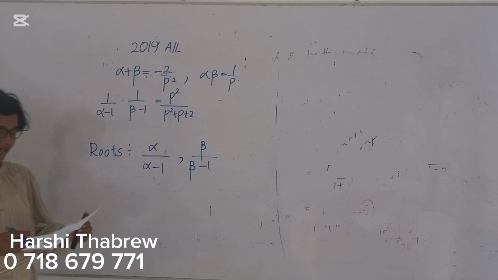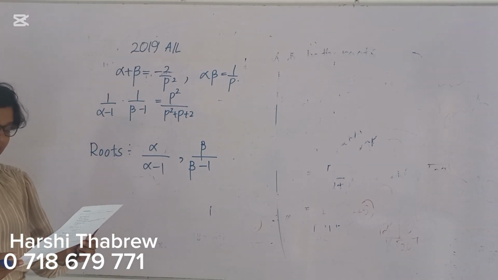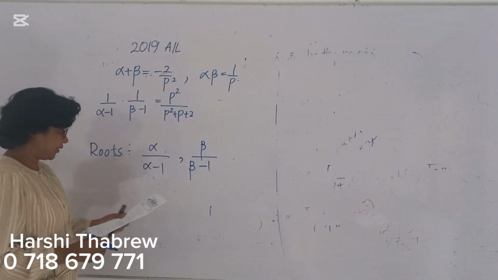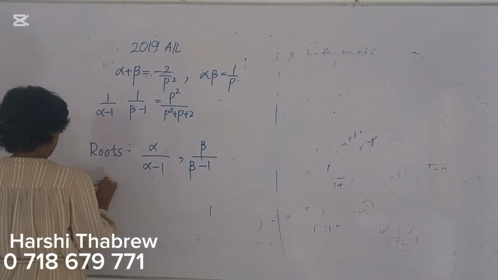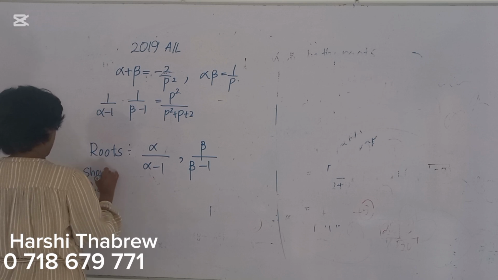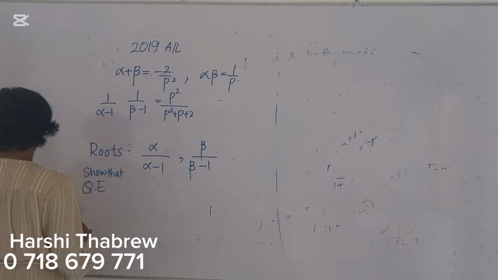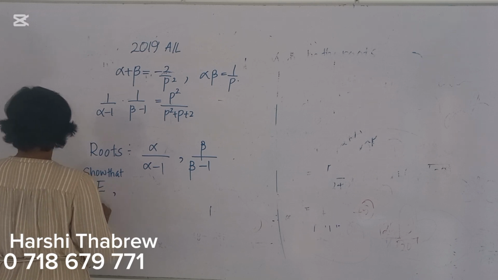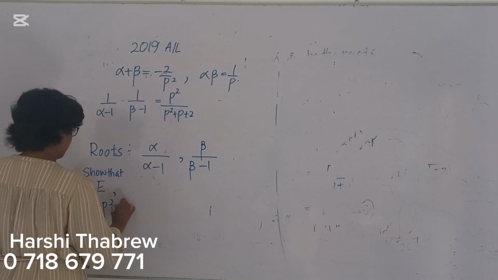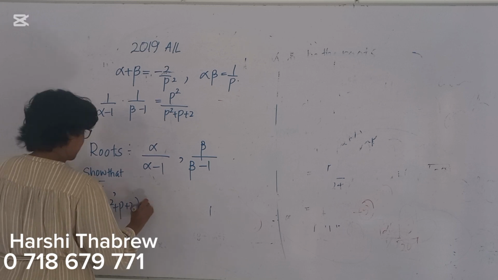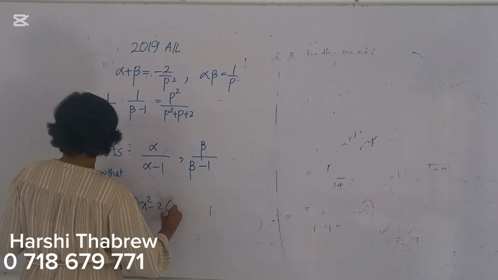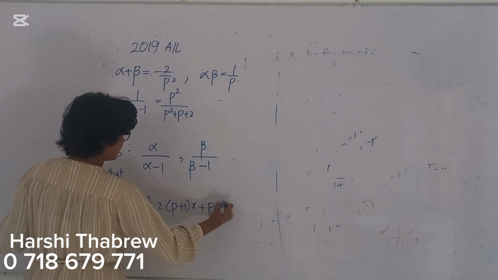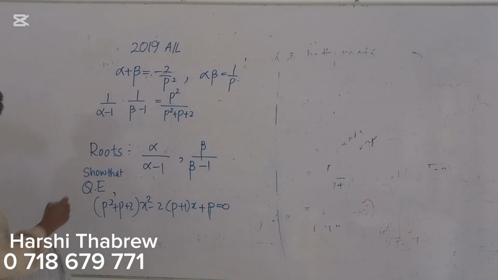You have to show that the quadratic equation is p squared plus p plus 2 times x squared minus 2 times p plus 1 into x plus p equals 0. You have to show that.